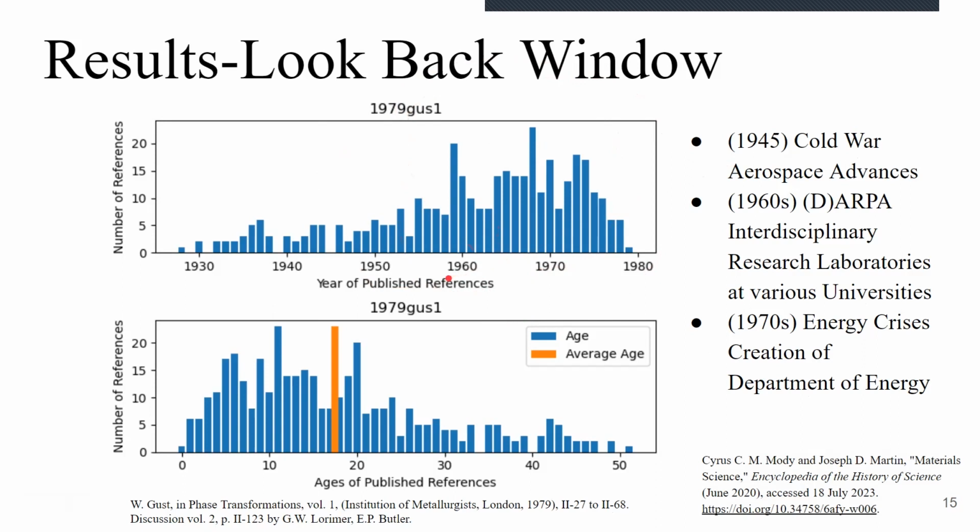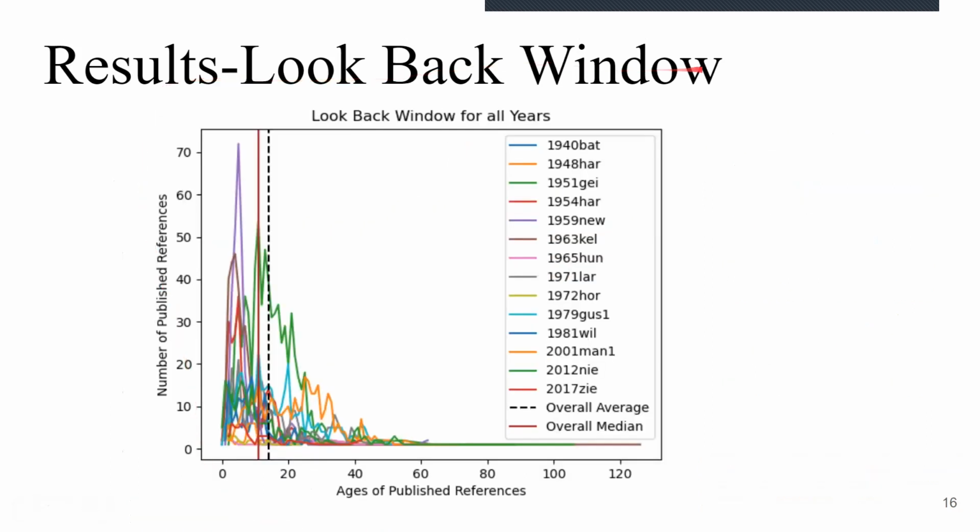Government needed and relied on scientific invention. So the Advanced Research Projects Agency, a part of the Department of Defense, created interdisciplinary research laboratories at various universities. There was also the energy crisis of the 1970s, and that was during the time of the creation of the Department of Energy.